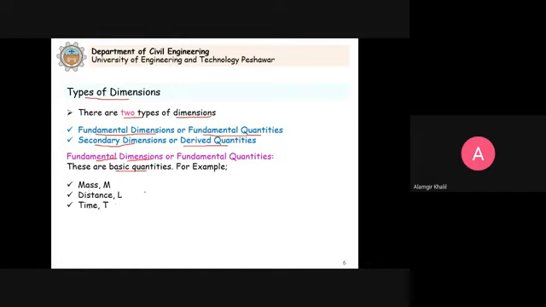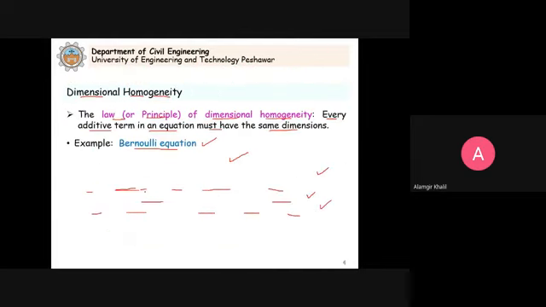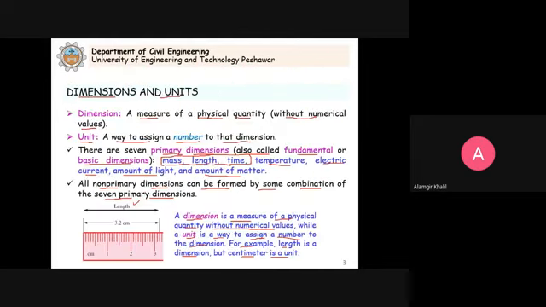You see here that there are 7 primary dimensions, but as I said, in the fluid mechanics problems that we study, mostly we are concerned with mass, length and time.